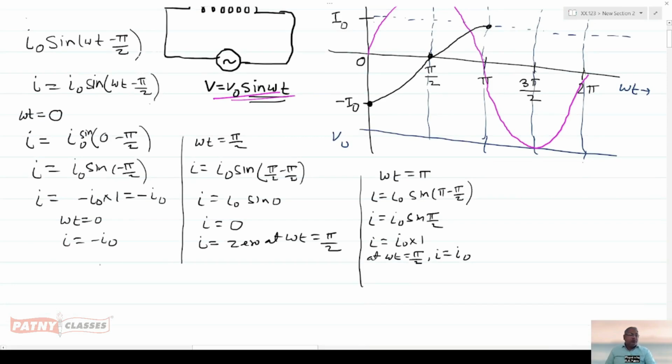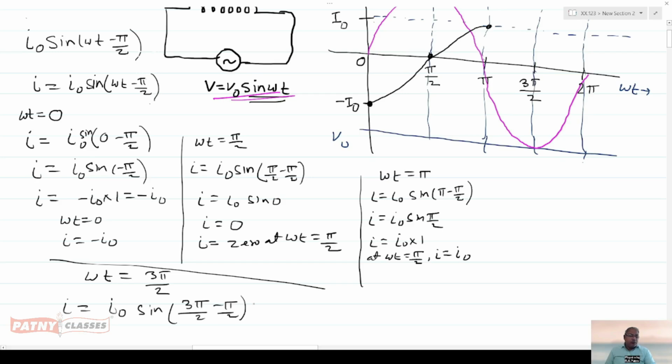let us take omega t equals 3 pi by 2. So I get I equals I naught sin of 3 pi by 2 minus pi by 2, equals I naught sin 2 pi by 2, equals I naught into sin pi. Sin pi is 0. Therefore I equals I naught into 0 equals 0.